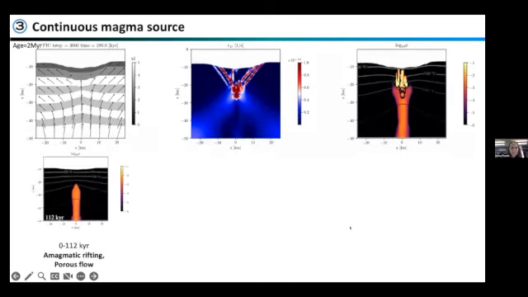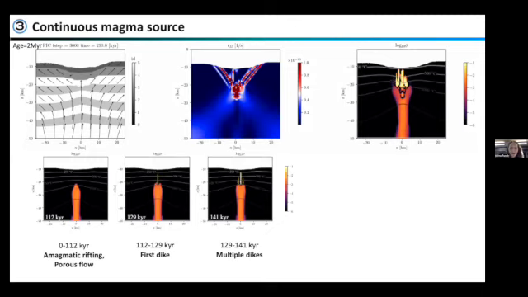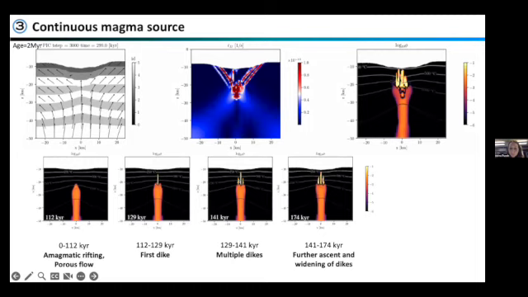So if we take each individual stage separately, we have an amagmatic rifting with porous flow in the mantle. We start, after a while, we have the first dike propagation, and then once this dike reaches a saturation level in the lithosphere where it cannot propagate further, multiple dikes happen laterally.